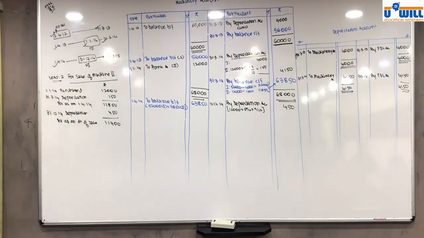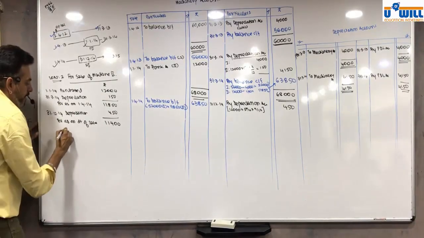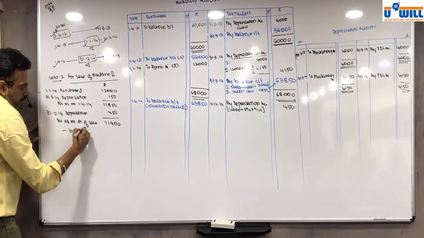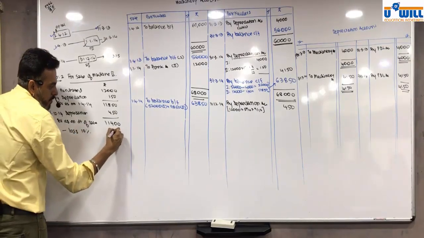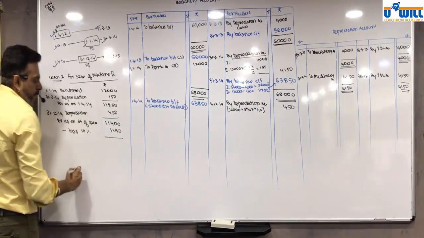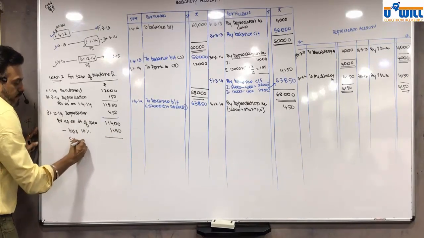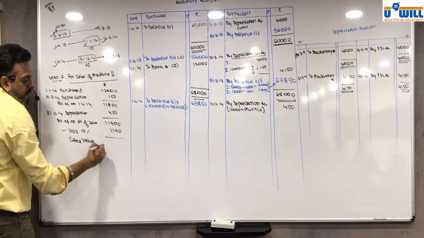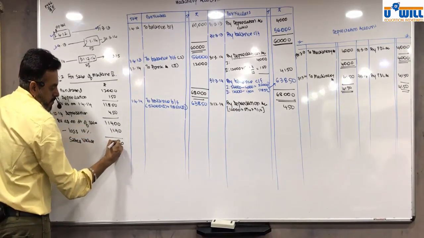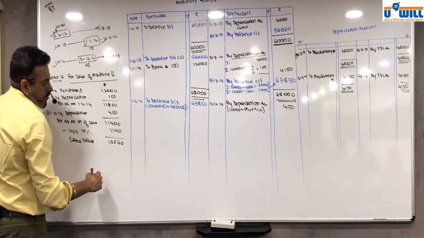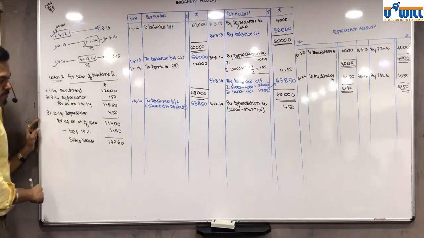Now we are selling this at what? Selling at 10% loss. So loss 10%, 1140. So sales value of machine 10260.